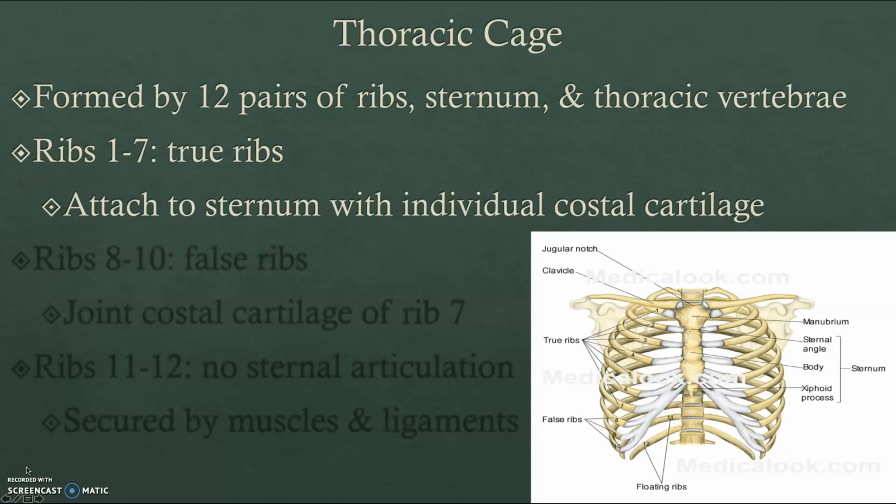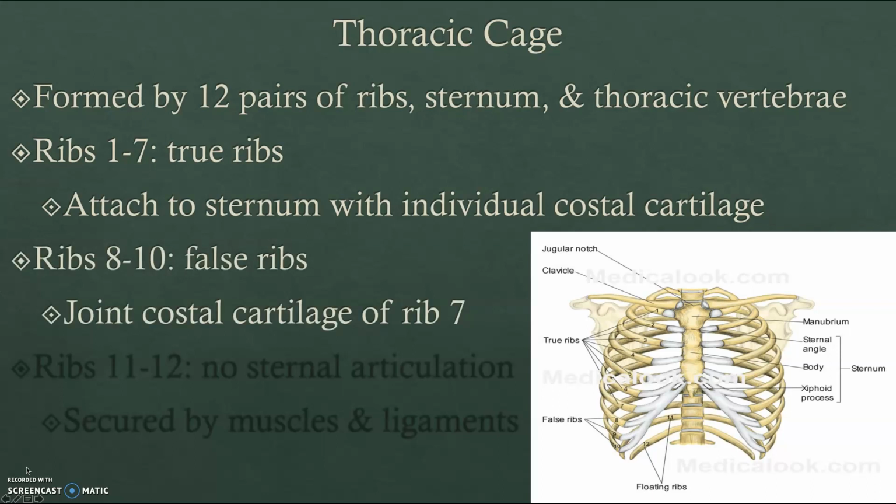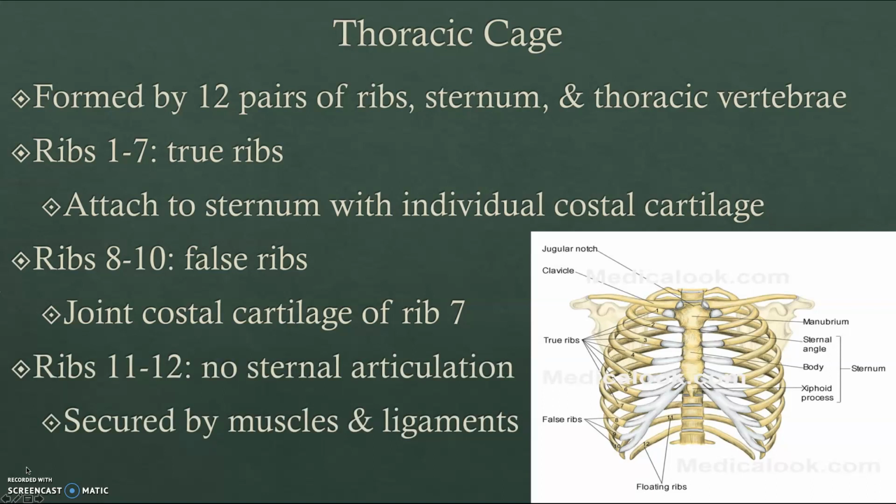Then 8 through 10 are called false ribs, only because they don't have their own individual articulation, so they come up and join their connections to the sternum. And then 11 and 12 have no sternal articulation at all. They just end back here, so they're floating in there. And then, of course, there are going to be anatomical variances. Some people don't have one of these 11th or 12th ribs, all different kinds of things.